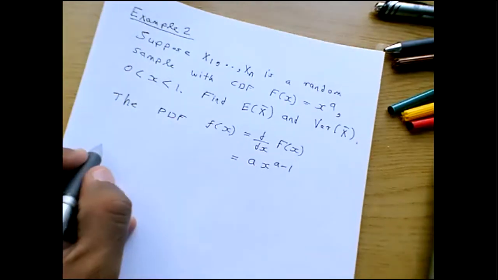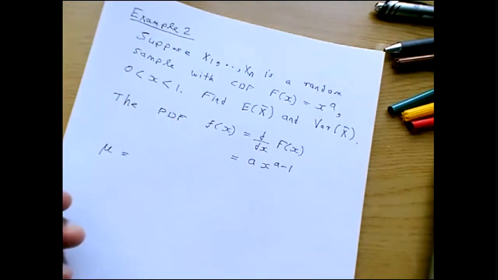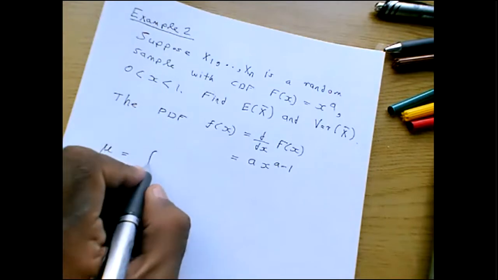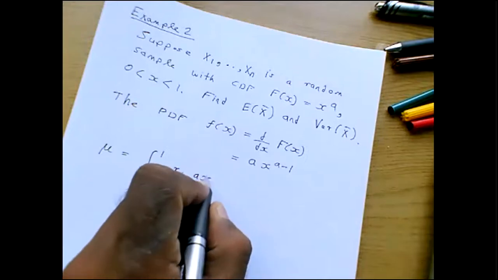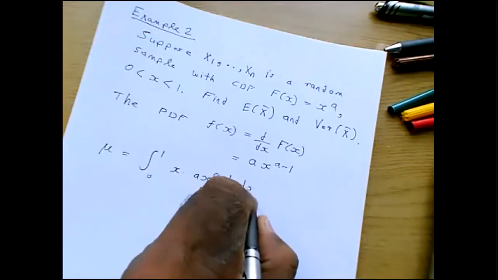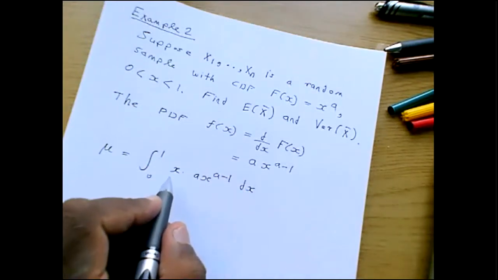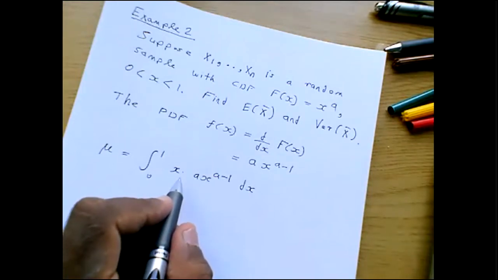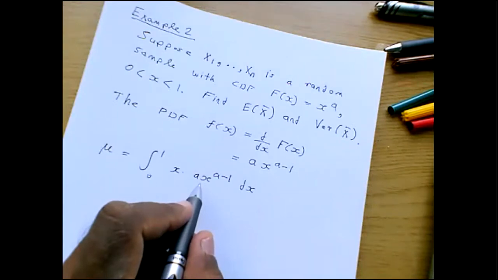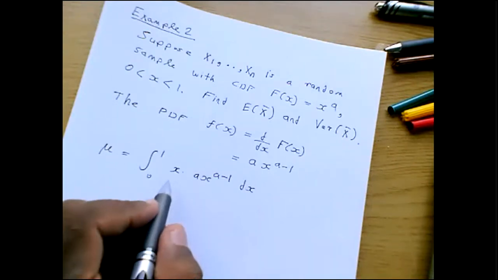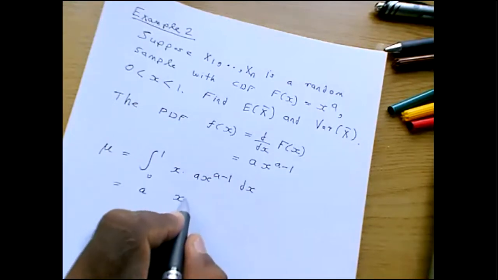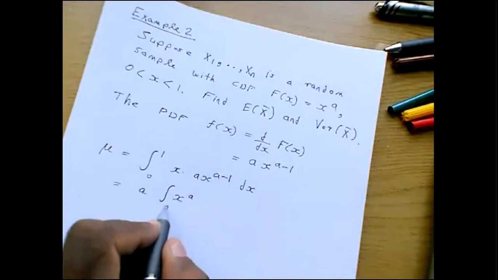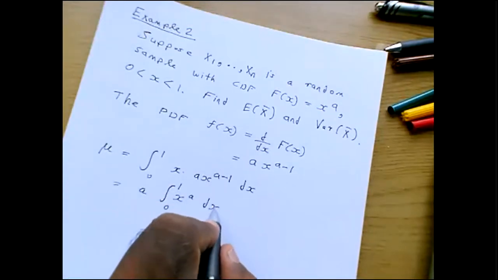The population mean mu is equal to the integral of x times the density, which is going to be a times x to the a.